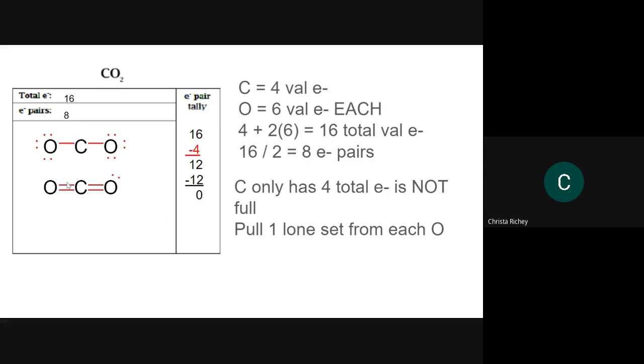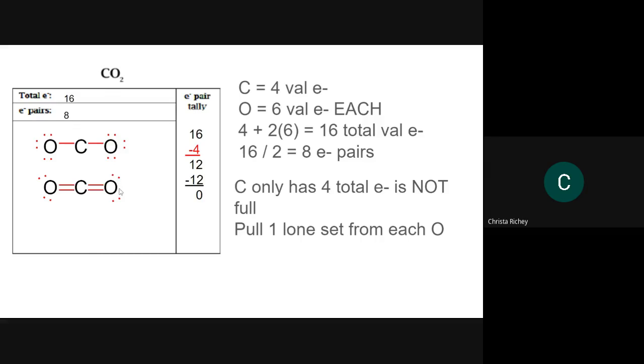So this is what it ends up looking like. I'm so sorry if I have anybody that's colorblind in here. It's red. I didn't even think about that. I've pulled one of these up here, and I pulled another one over here, and then these electrons spread out around the other side of that oxygen.